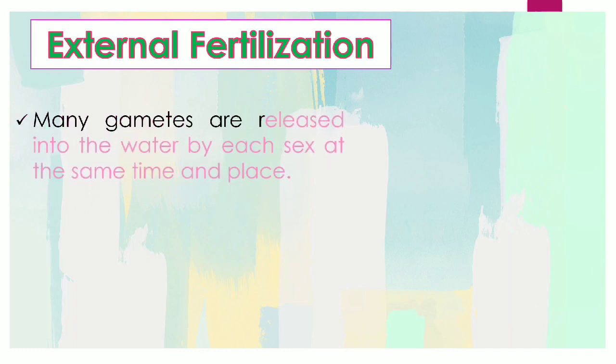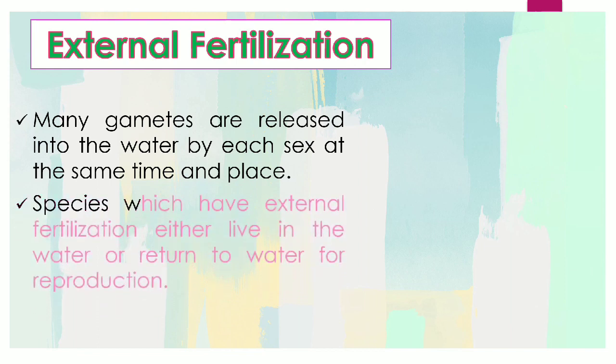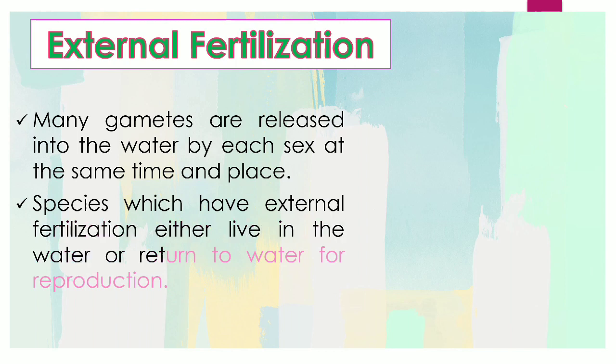Many gametes are released into the water by each sex at the same time and place. This type of fertilization requires water because animal sperm must swim to the eggs. Water also protects the gametes from drying out. Species which have external fertilization either live in the water or return to the water for reproduction.